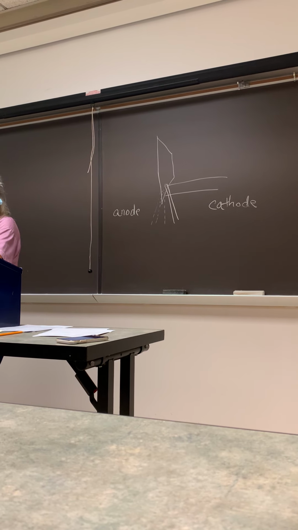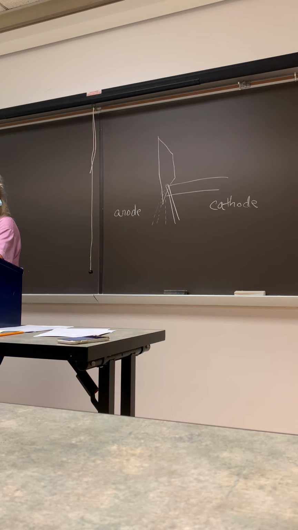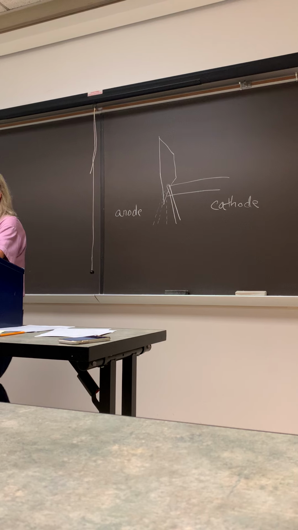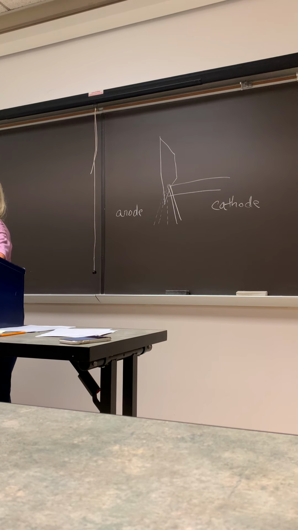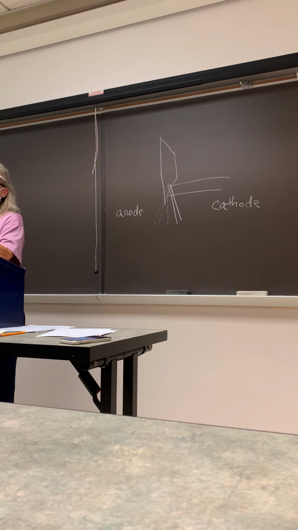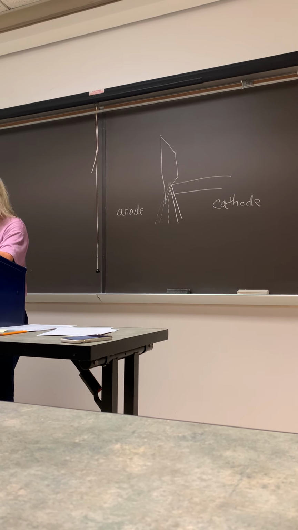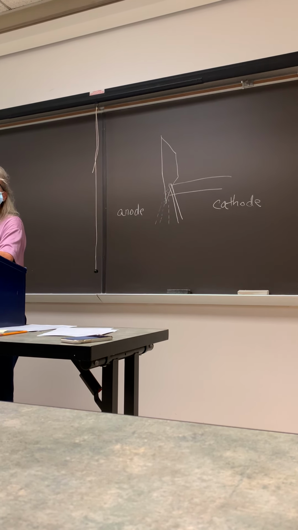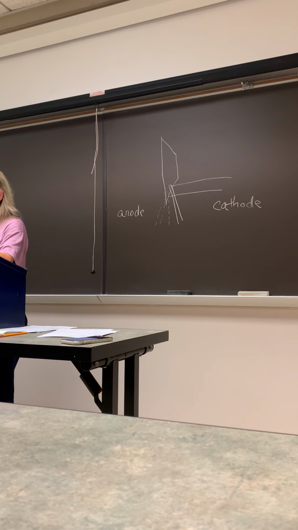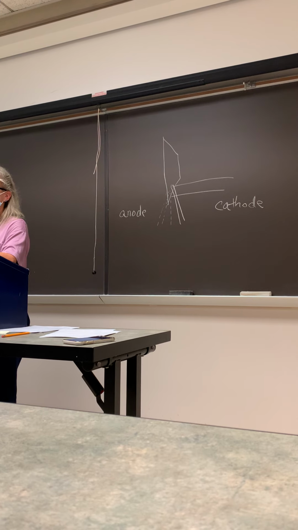Okay, does it say 3 things that make the heel effect more apparent? Okay, good. All right, so there's 3 things that make the heel effect more apparent. That just means you can see it better, supposedly. Okay, number 1 is a small anode angle, like 12 degrees or less.